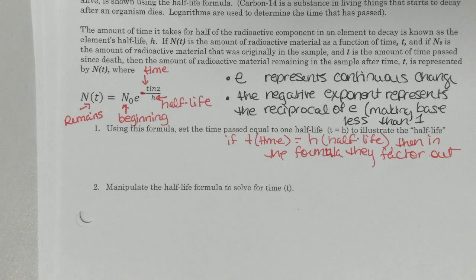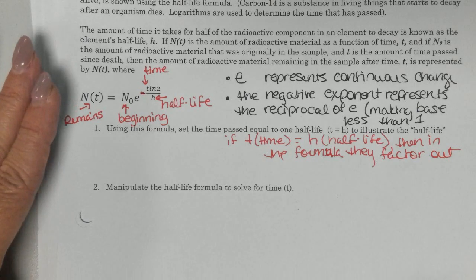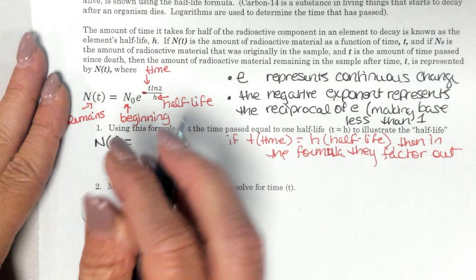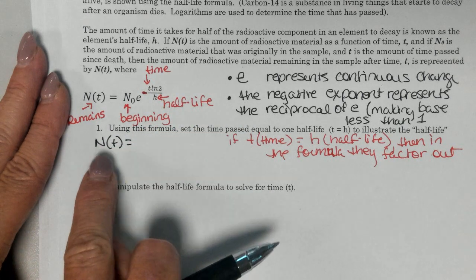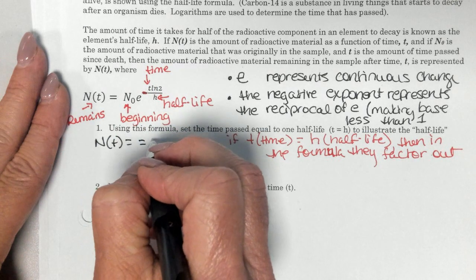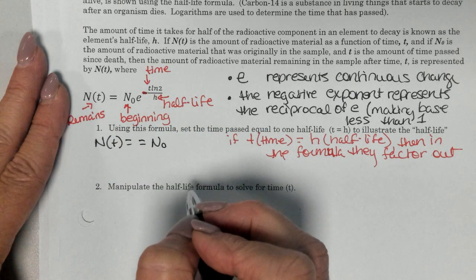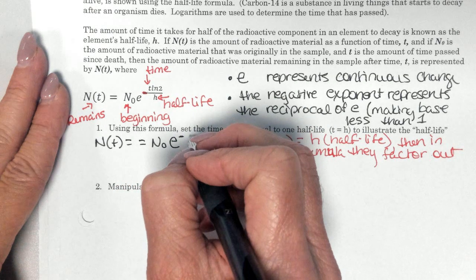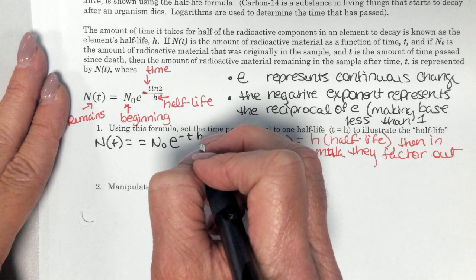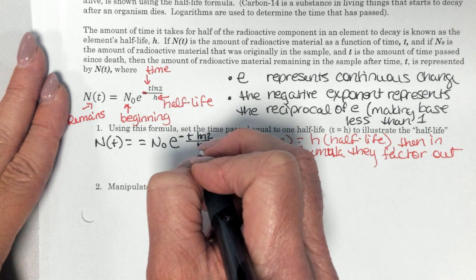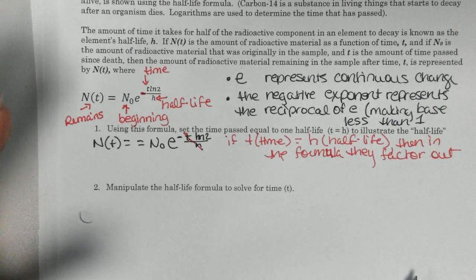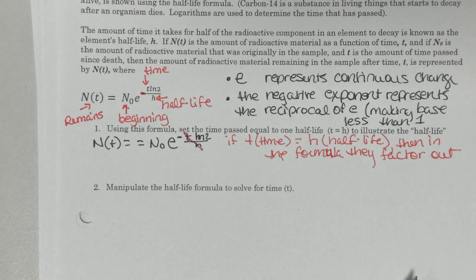Now, if that's the case, then what remains is equal to what we started with times e to the power of negative t natural log of 2 divided by h, and I want you to note that the time and half-life cancel, because they are the same number.